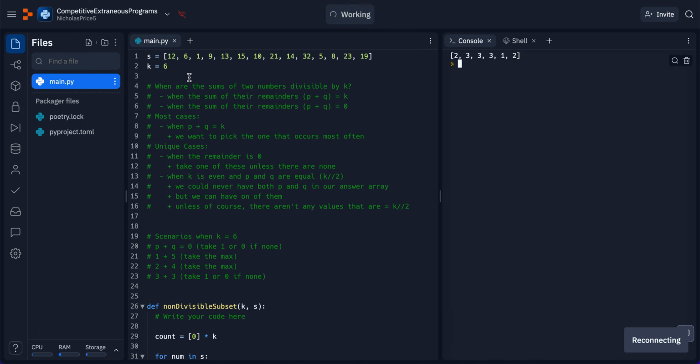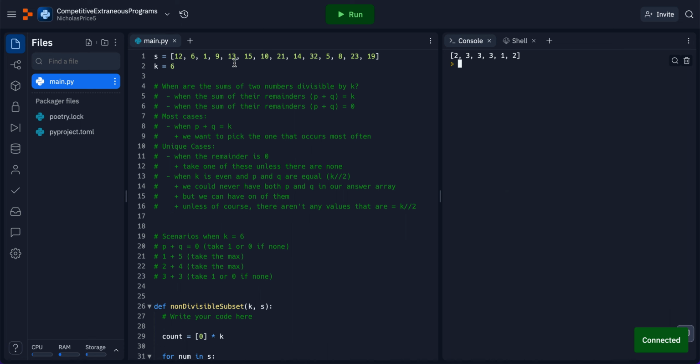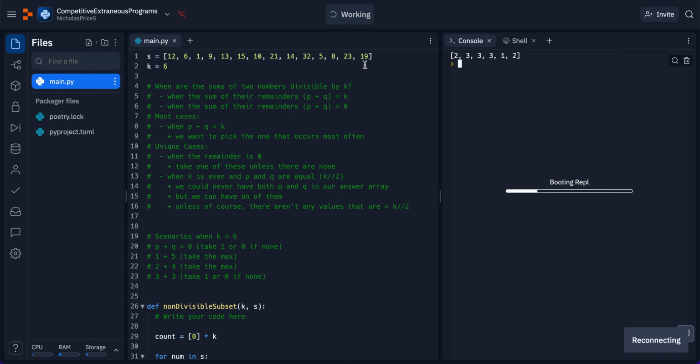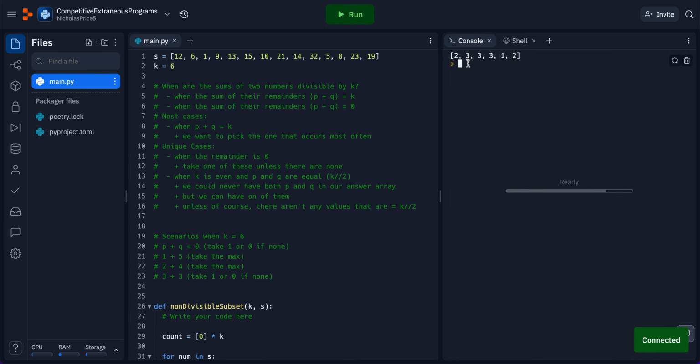For remainder 0, we have both 12 and 6. We have no other numbers in our array that are evenly divisible by 6. How many times do we get a remainder of 1? We have that happen 3 times. We have it happen for 1, probably 13, and probably 19. Yeah, those should be our 3 for that.